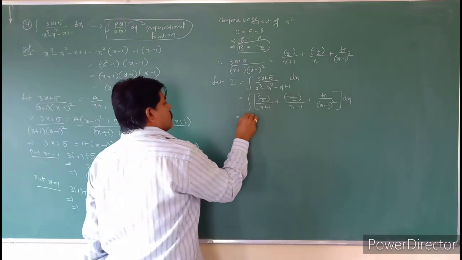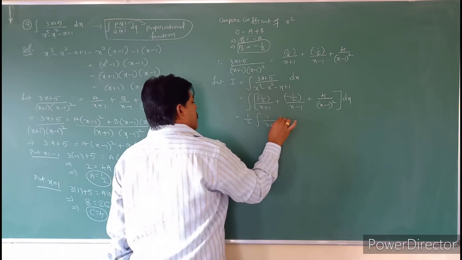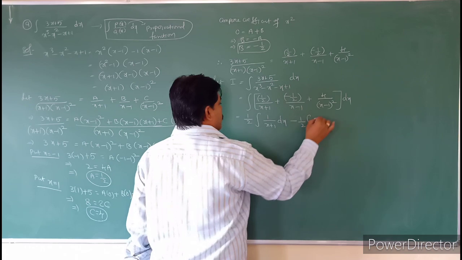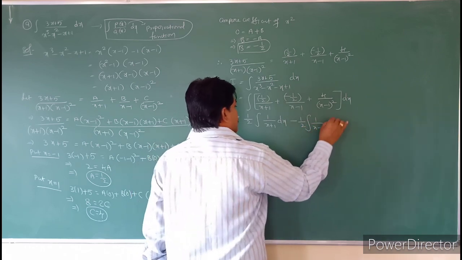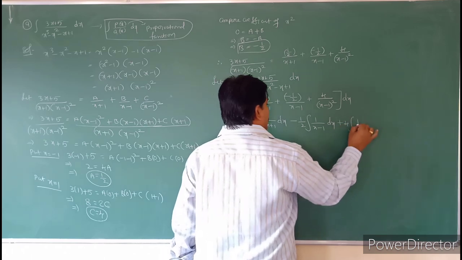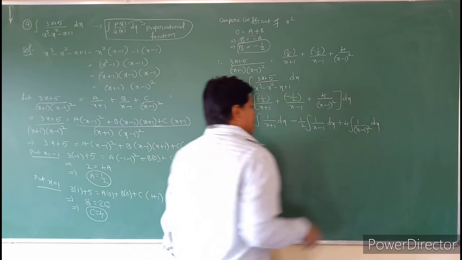So that is equal to 1 by 2 into the integral of 1 by x plus 1 dx, minus 1 by 2 into the integral of 1 by x minus 1 dx, plus 4 into the integral of 1 by (x minus 1) whole square dx.